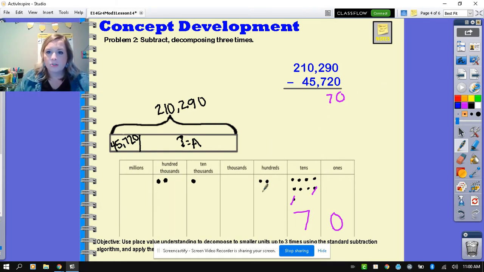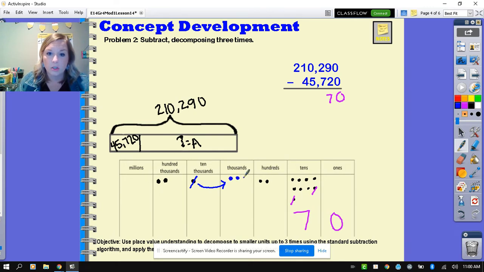Now I'm here in my hundreds, and it says I'm supposed to take away 7. Well, there's nothing that I can take away from the thousands, so I'm going to have to do this process where I go over to the 10,000s. I'm going to take that 10,000 and cash it in for 10 thousands.